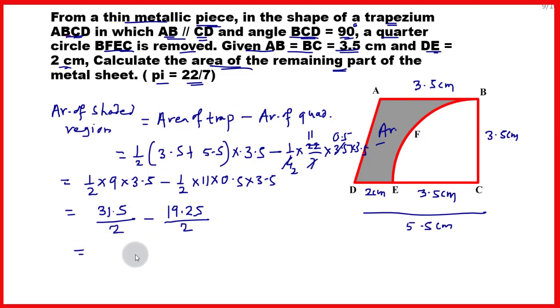And since the denominator is common, it is 2, 31.5 minus 19.25 will be equal to 12.25 divided by 2, which is equal to 6.125 square centimeter. Therefore the area of this shaded portion is 6.125 square centimeter.